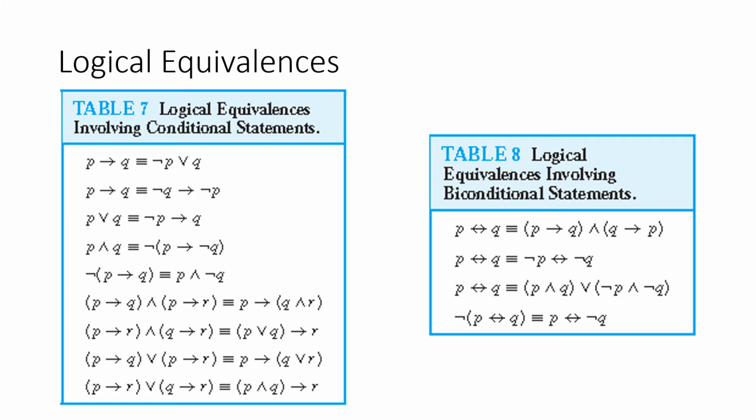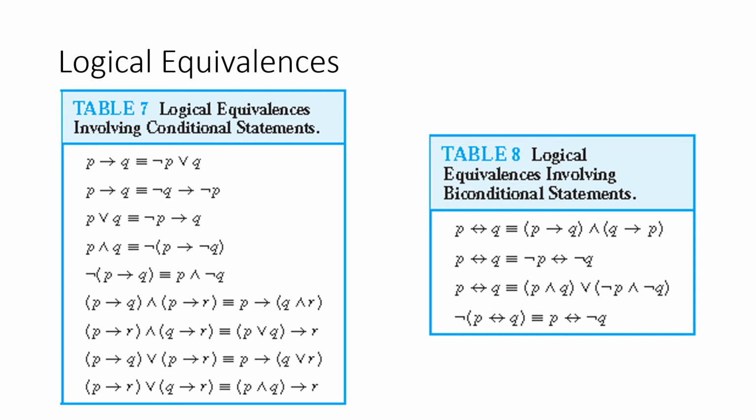If P implies Q, it is equivalent to the negation of P or Q. Then P implies Q is equivalent to the negation of Q implies the negation of P. Then P or Q is equivalent to the negation of P implies Q. Then P and Q is logically equivalent to the negation of the quantity P implies the negation of Q. Then the negation of the quantity P implies Q is equivalent to P and not Q.